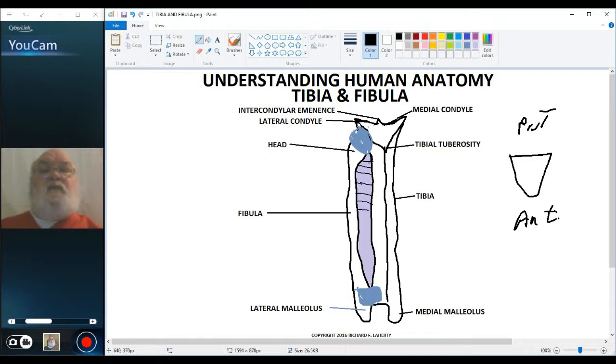And this interosseous membrane is not so much holding the bones together, but is providing surface area for muscle attachment.